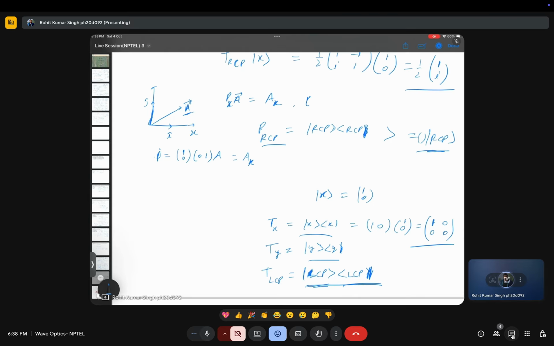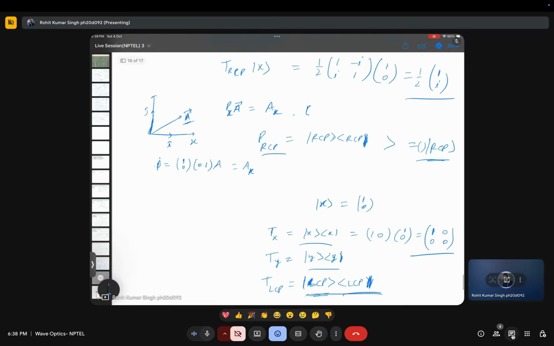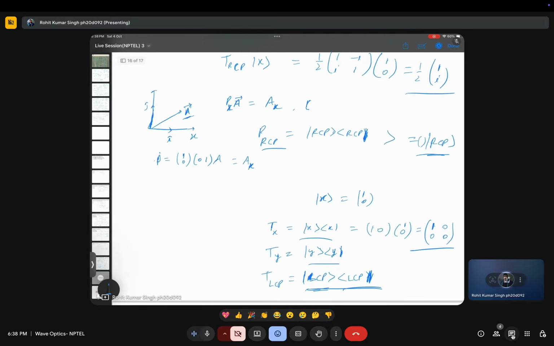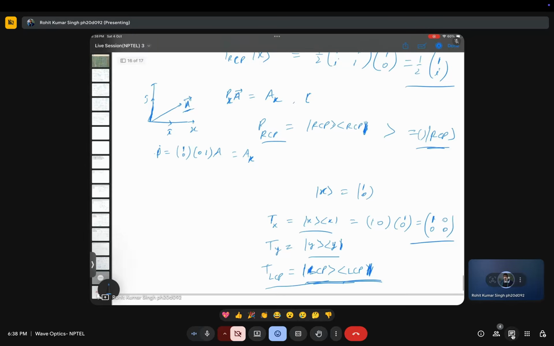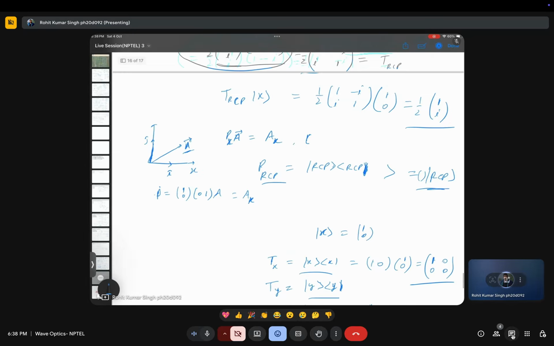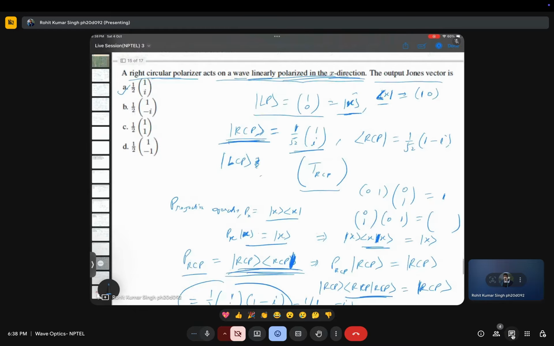What this projection matrix does is give you the component of the vector in the direction of whatever state of polarization you are looking at. If you study quantum mechanics or linear algebra further, it will be more clear. It's very interesting. But for now, you can remember this formulation, and you can solve the problems very easily.